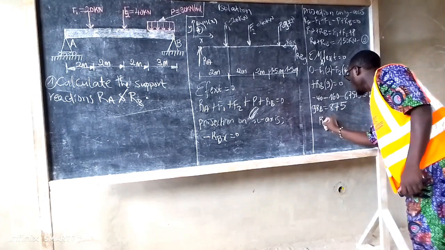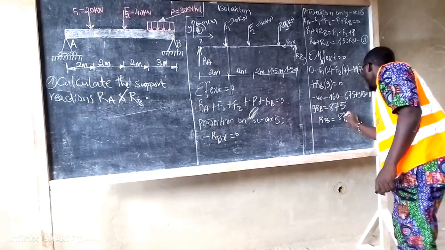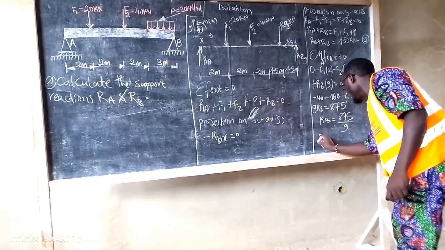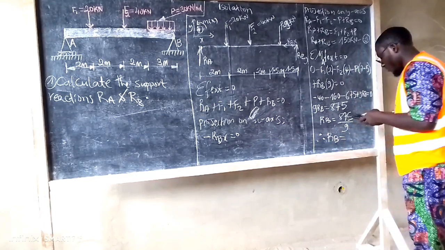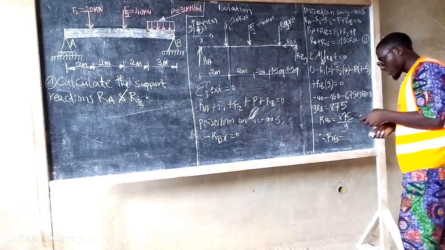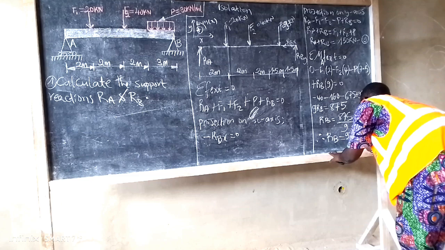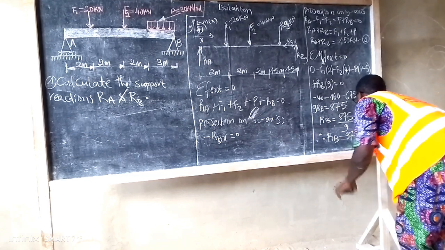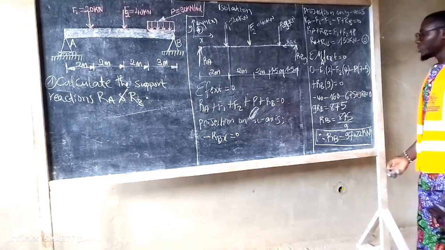So our arrow B will be equal to 875 divided by 9. So we are going to have 97.22 kilonewton. So this is the value for our arrow B, 97.22 kilonewton.